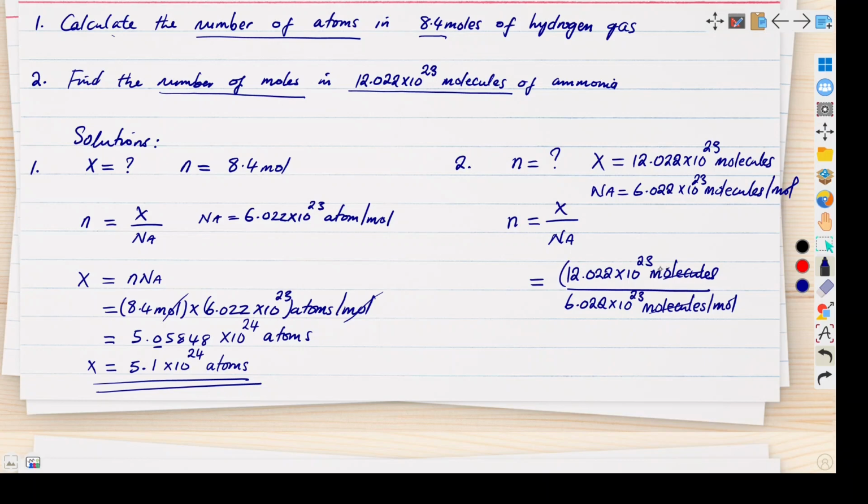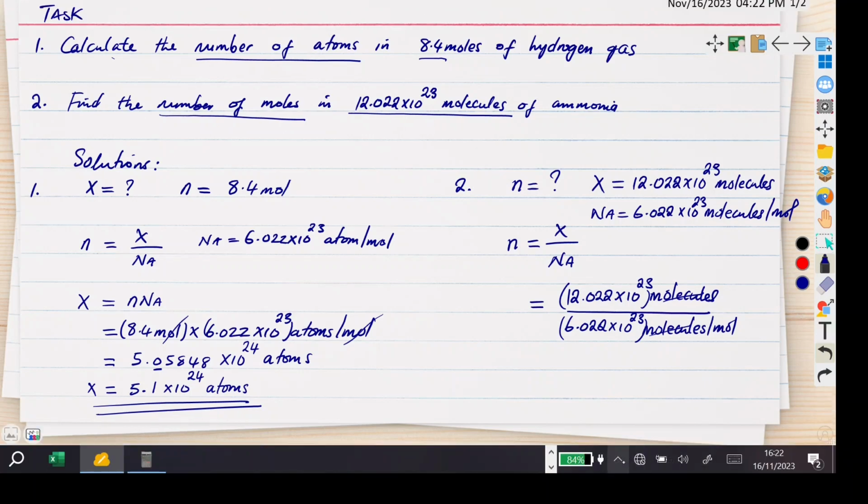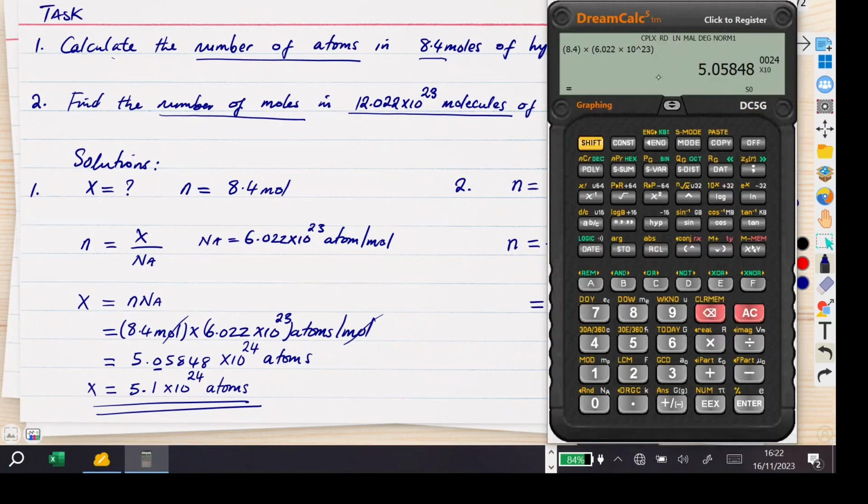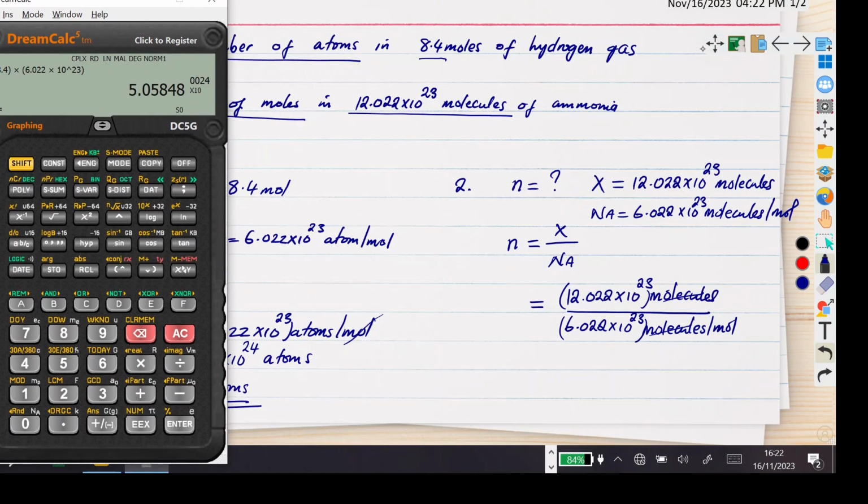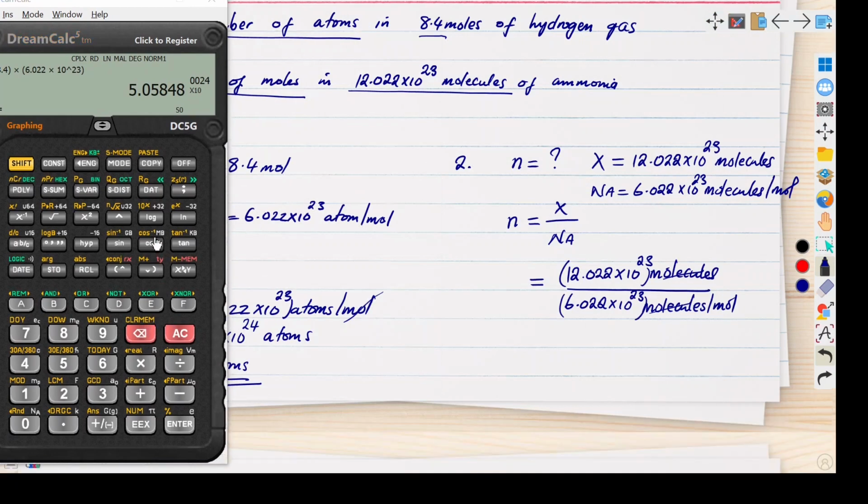To divide, you put this in brackets and also this in brackets nicely like that. Then let me get my calculator here. So you open brackets, 12.022 times 10 to the power 23, you close brackets, then say divided by open brackets, 6.022 times 10 to the power 23.